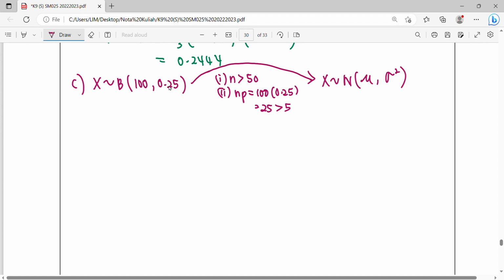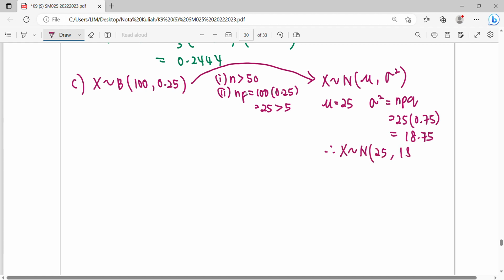The mean, NP, is 25. Variance, NPQ: 25 times 0.75. So finally, X is distributed normal, 25, 18.75.